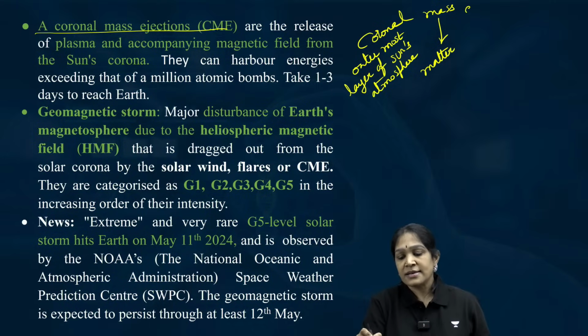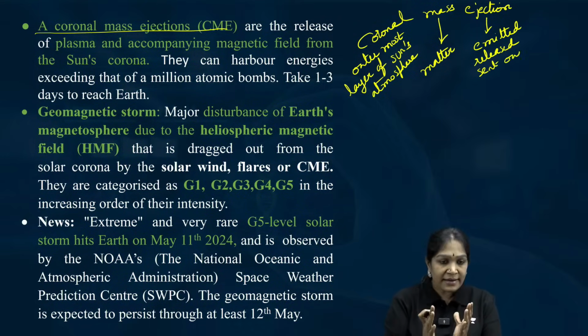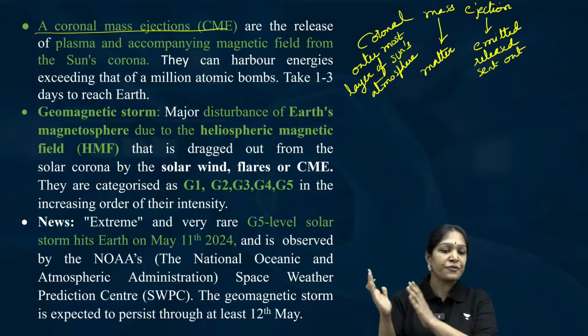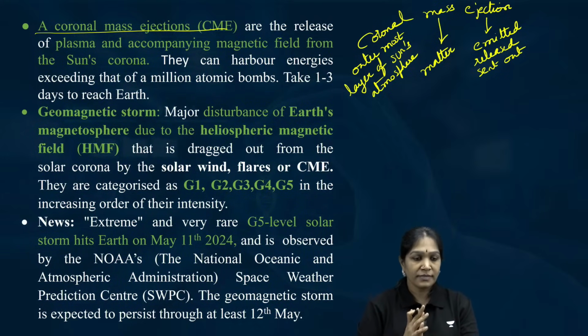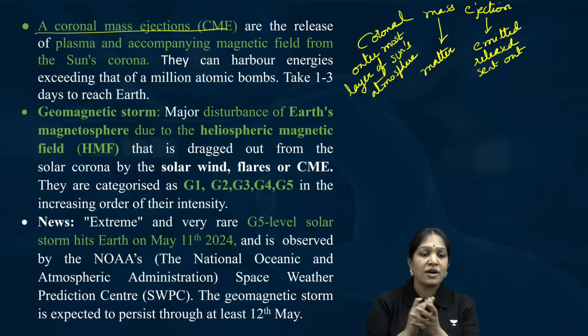Coronal mass ejection. What do you mean by ejection? Ejection means emitted, or released, or sent out. It means if some matter is released from the sun's corona, that is called coronal mass ejection.